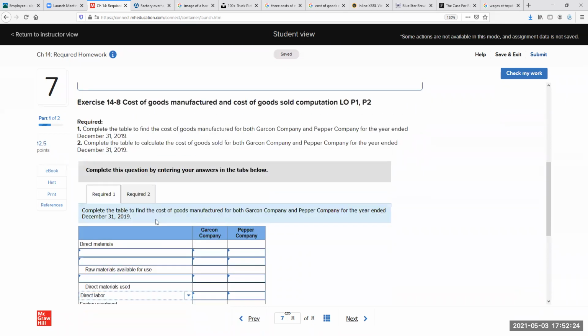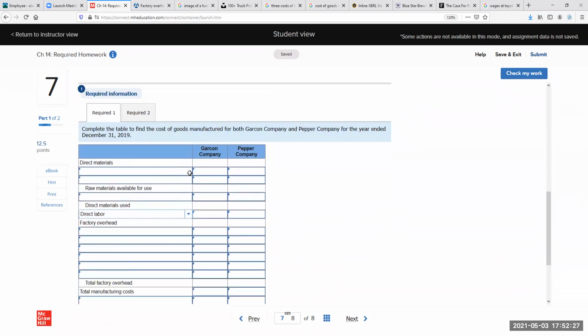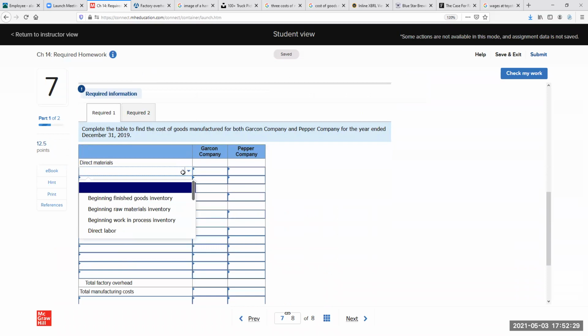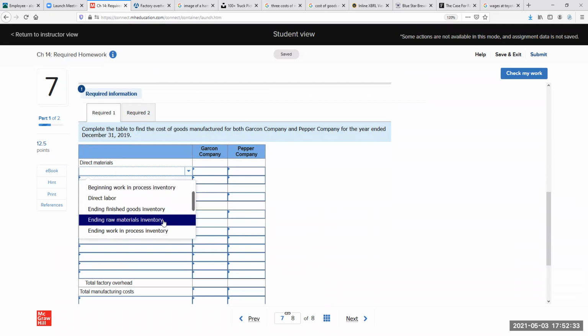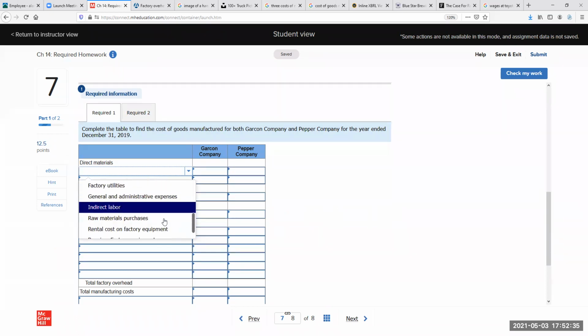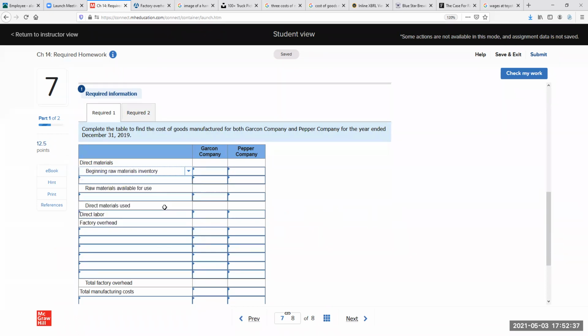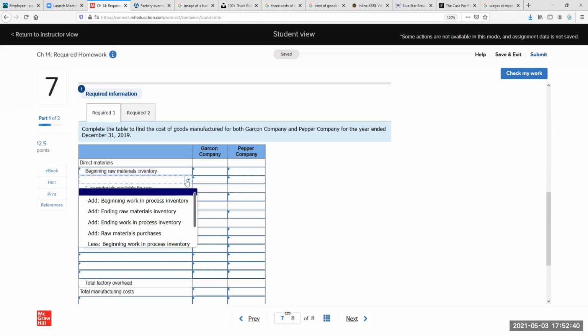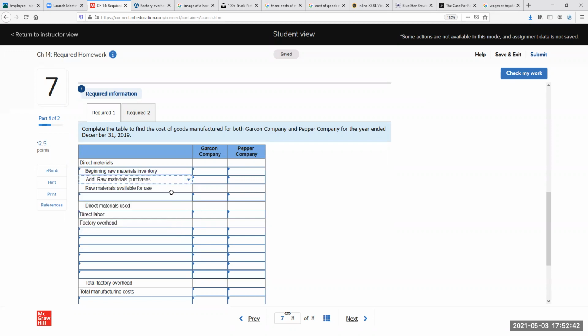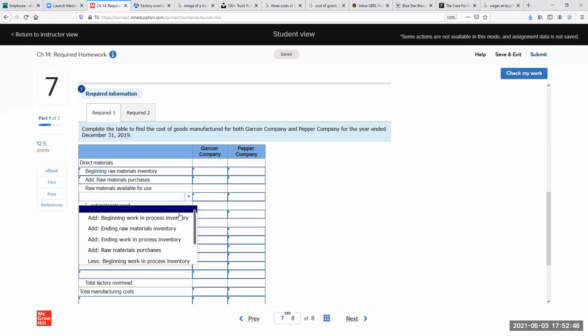So how much materials do you have? How do you figure out your materials? Well, how much materials do you have at the beginning? Where's my beginning raw materials? Beginning raw materials plus what you buy equals what's available, minus what you have at the end.